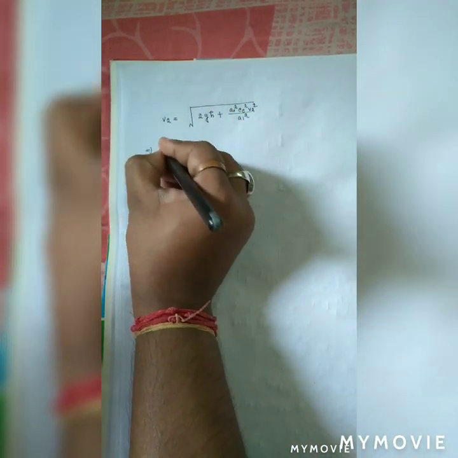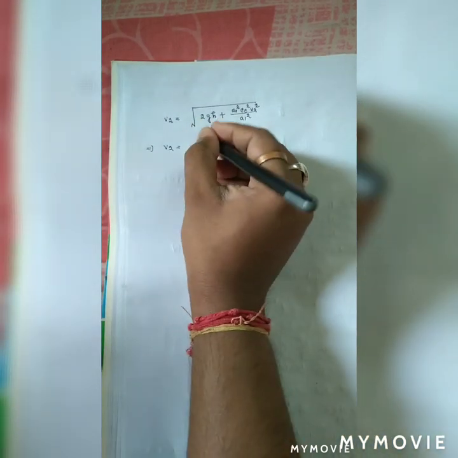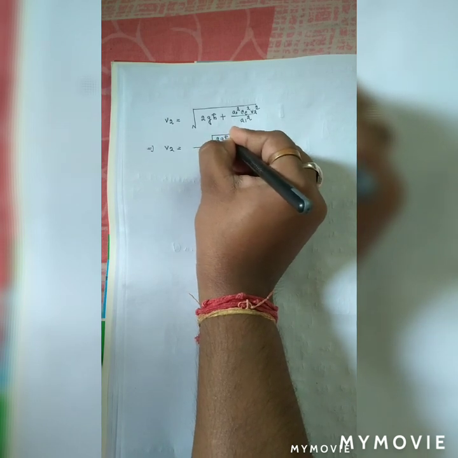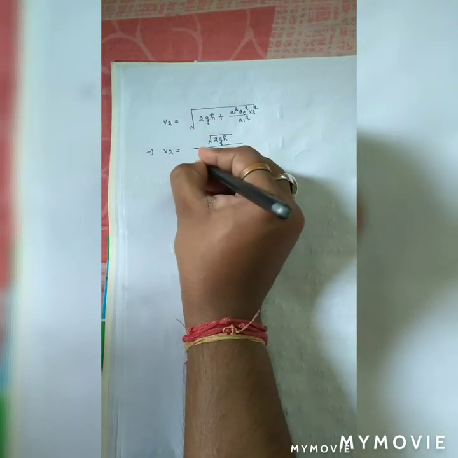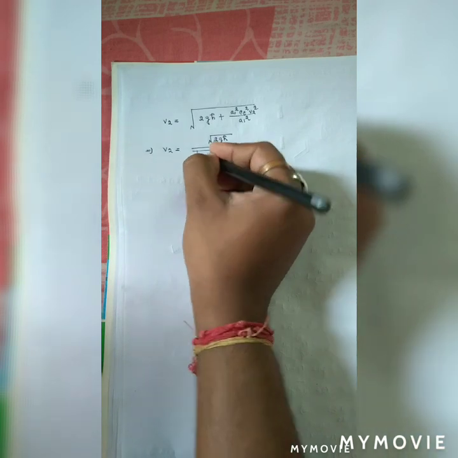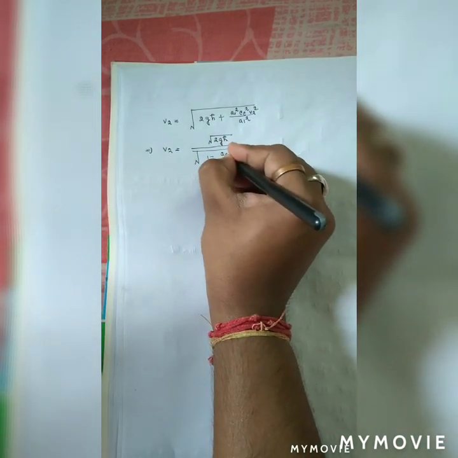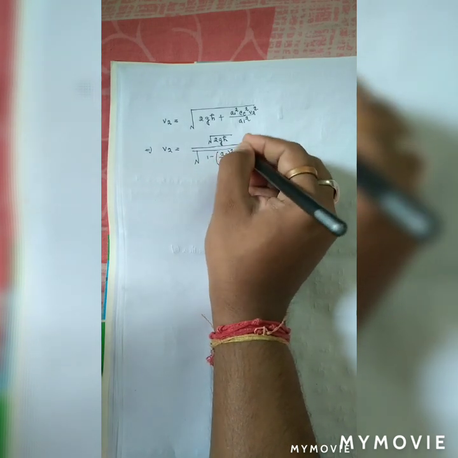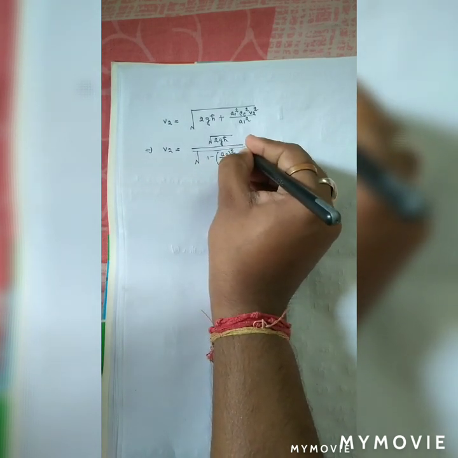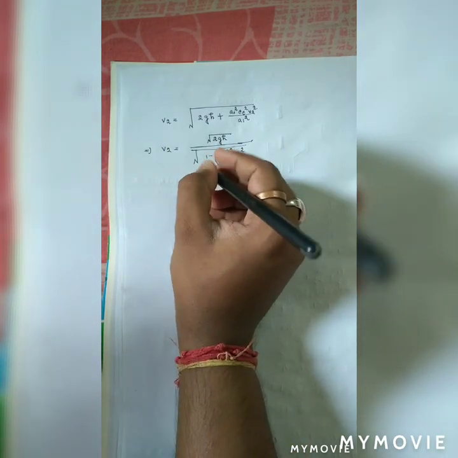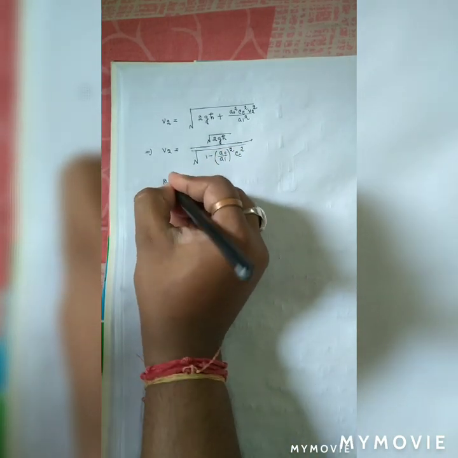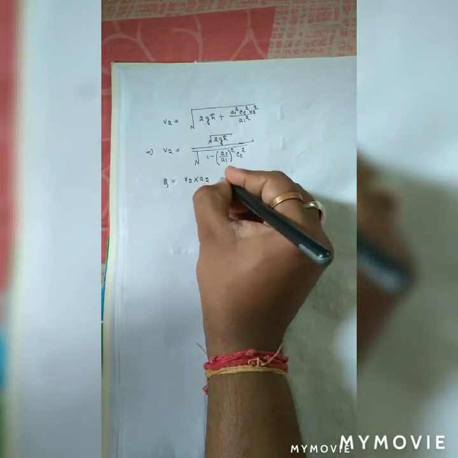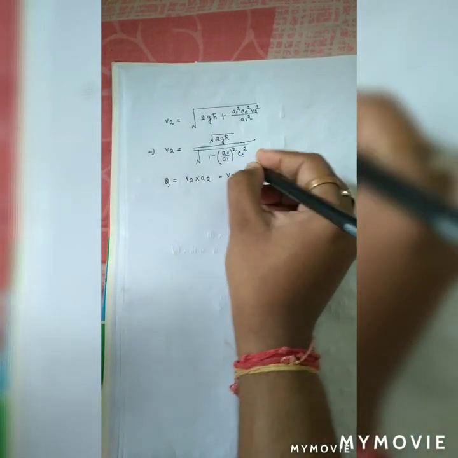Now from this equation, simplifying all the terms, V2 equals root 2gh divided by root over 1 minus A0 by A1 whole to the power square into Cc square.